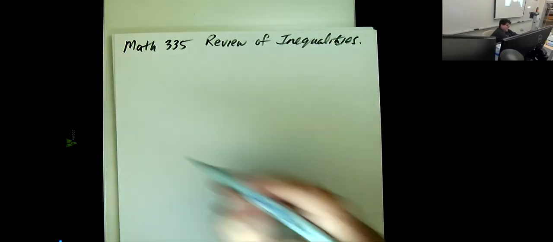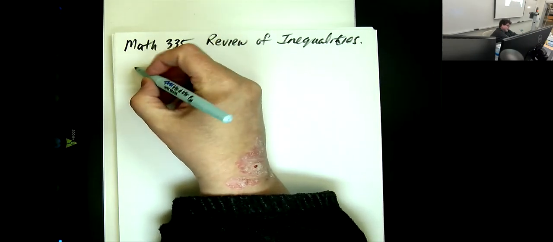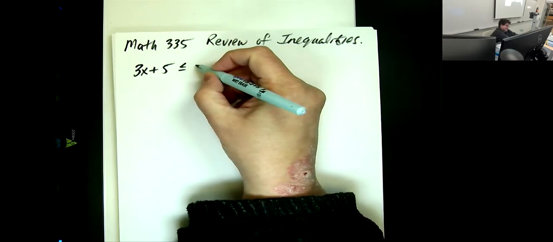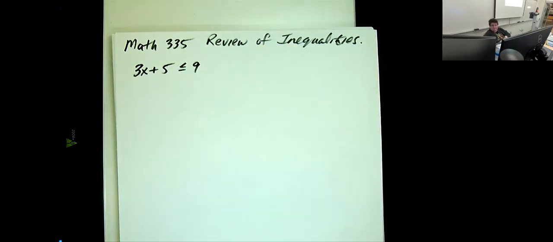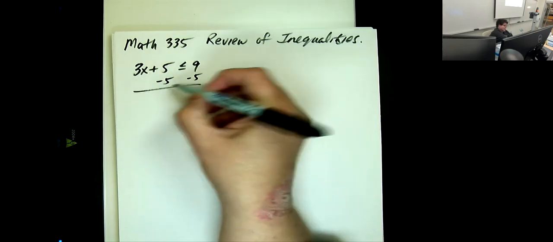So let's say our first example is 3x plus 5 is less than or equal to 9. We go ahead and solve it like it's normal, like a normal equals sign.